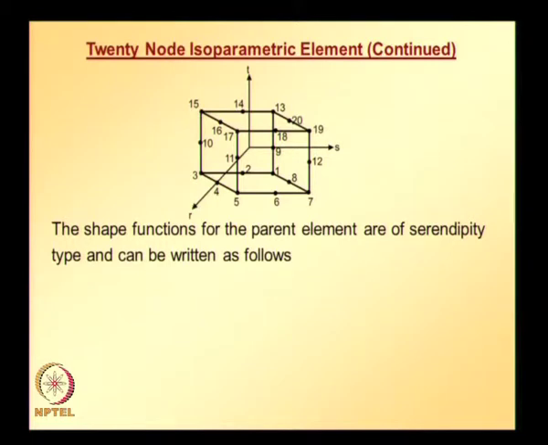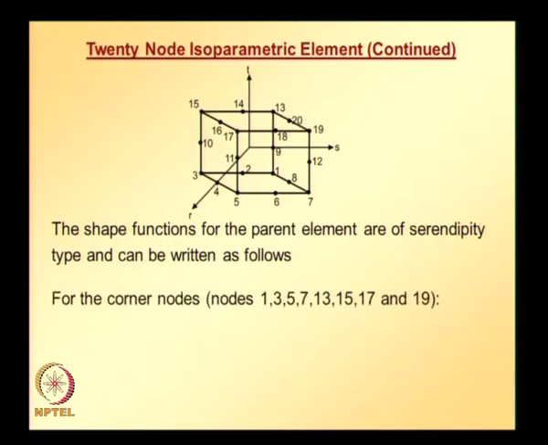The shape functions for the parent element are of serendipity type and can be written as follows for corner nodes. We cannot write one general expression similar to what we did for the 8 node hexahedral element. Here the shape function expressions look different for corner nodes and mid side nodes, so we need to write those separately.